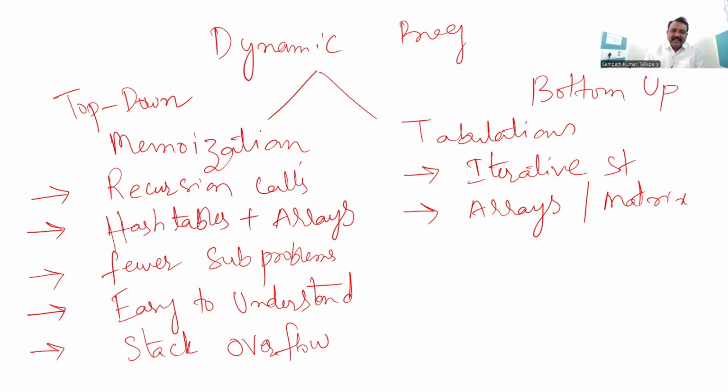And the main advantage of the tabulation method is that it is faster when compared to memoization. Why is it faster? Because we are going to use iterative statements as a part of it. Because we execute things by using iterative statements, we can say that it is faster for solving the subproblems.